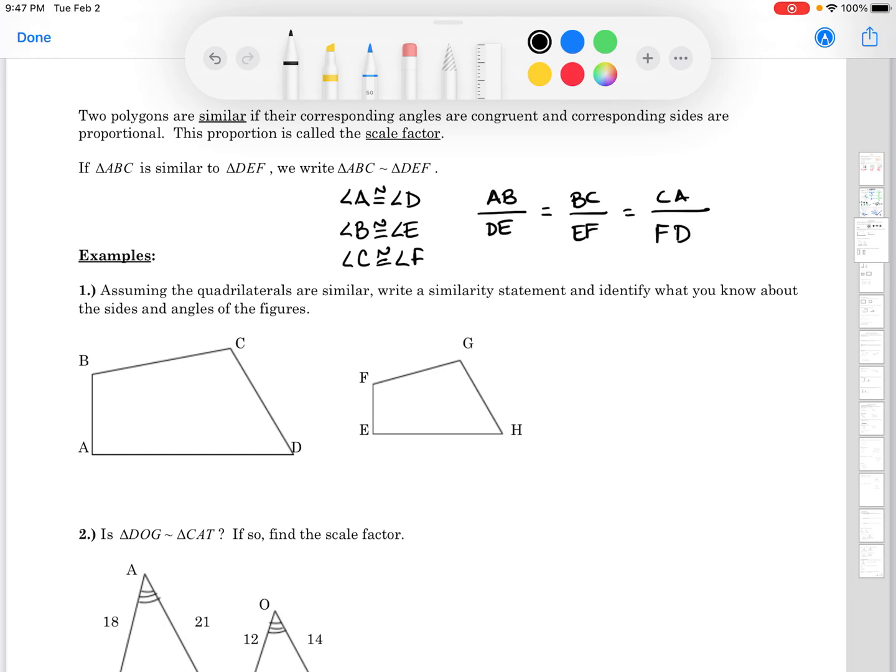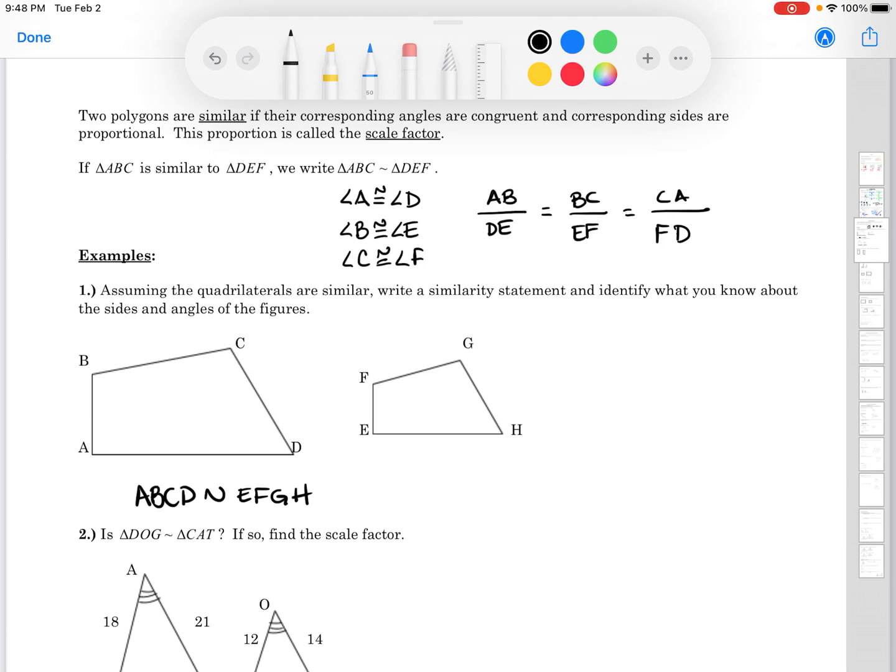So assuming that the quadrilaterals here are similar in this example, what we want to do is write a similarity statement and then identify what we know about the sides and the angles of the figure, similar to what we just wrote out. So here I see I have a quadrilateral ABCD, and we are going to say that that is similar to quadrilateral EFGH.